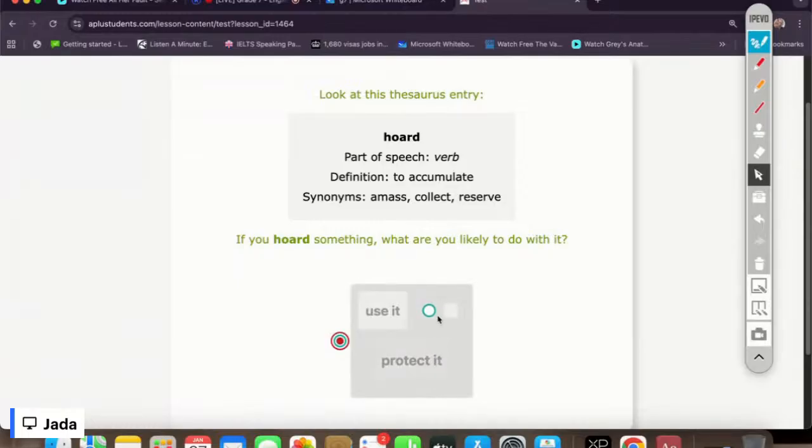So you protect it, okay? If you hoard something, you protect it. So it's this one. Just select this one, not this, okay?